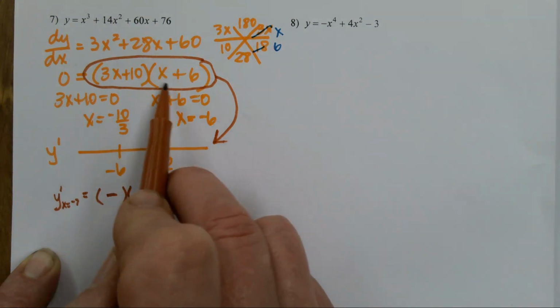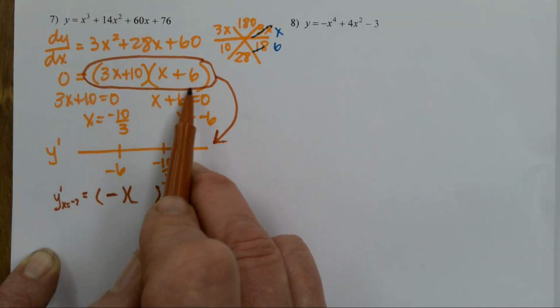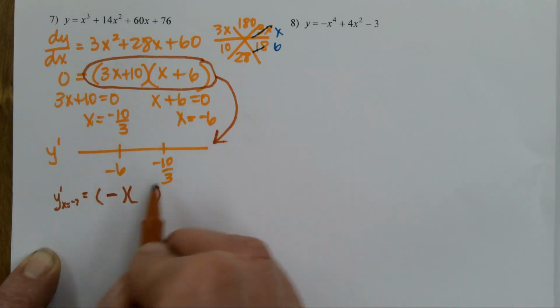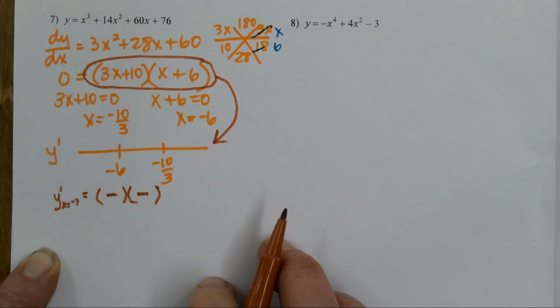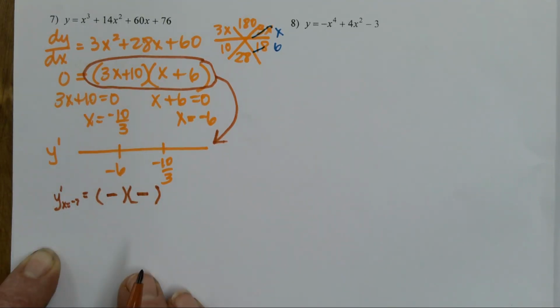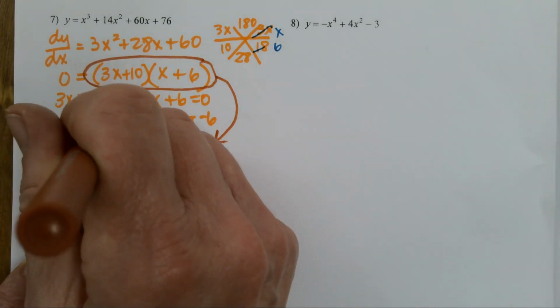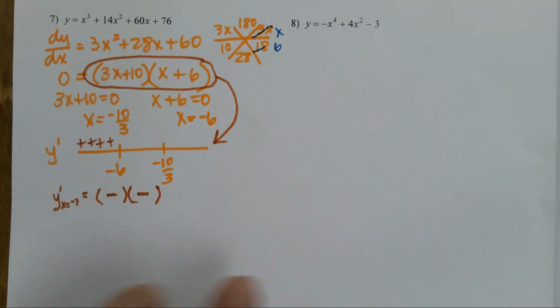And then when I plug negative 7 into here, I get negative 7 plus 6, which is also a negative value. And a negative times a negative is a? So that means this region is all positive. And if you picked any other number that was still to the left of negative 6, you would get the same result.